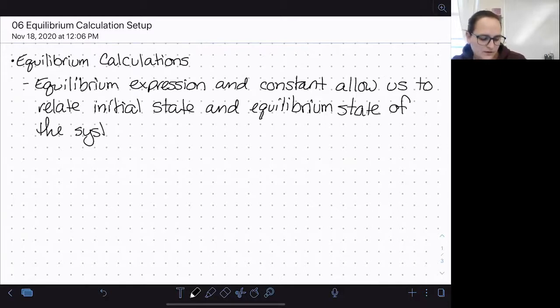So we use a setup method most commonly that's known as an ICE table for these types of calculations.